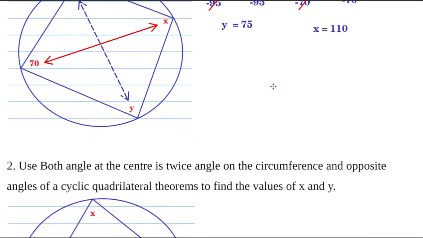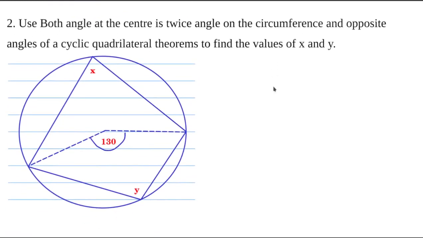And the next example, this one, it's a tricky question. Don't just overlook. It says use both the angle at the center is twice the angle on the circumference, and opposite angles of a cyclic quad theorems.